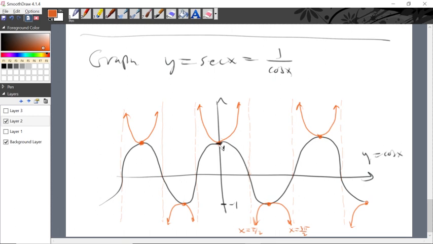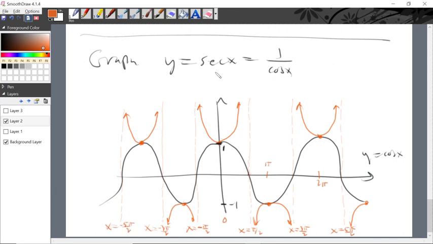A standard cosine wave on a principal branch would start at 0 right here, this is pi right here, and it would end at 2 pi right here. x equals 5 pi over 2 is a vertical asymptote, x equals negative pi over 2 is a vertical asymptote, x equals negative 3 pi over 2, etc.